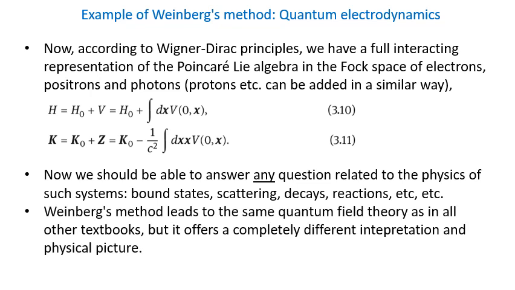I would like to conclude this slide with the observation that Weinberg's method has led us to the same quantum field theory as in all other textbooks. But the path that we traveled was, in my humble opinion, much more enjoyable.